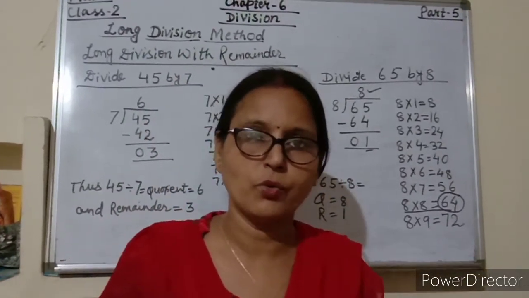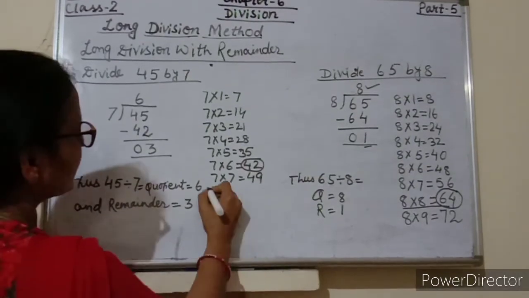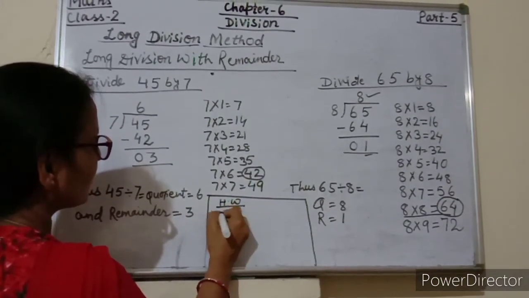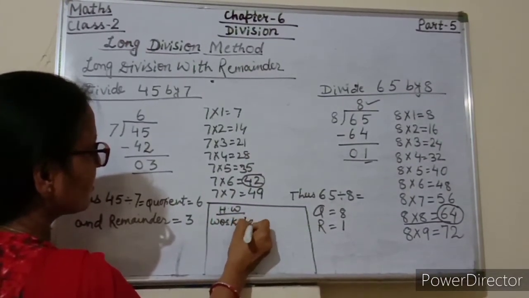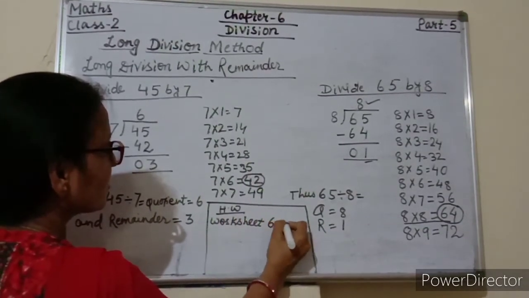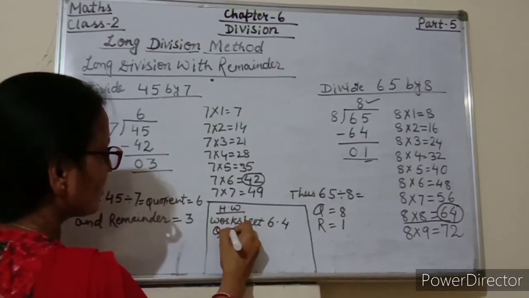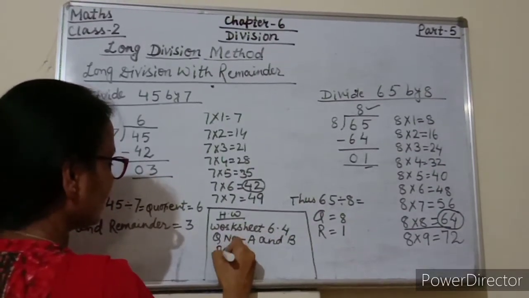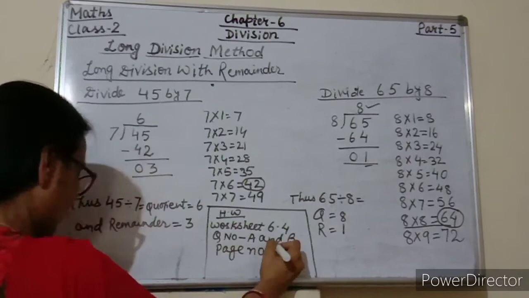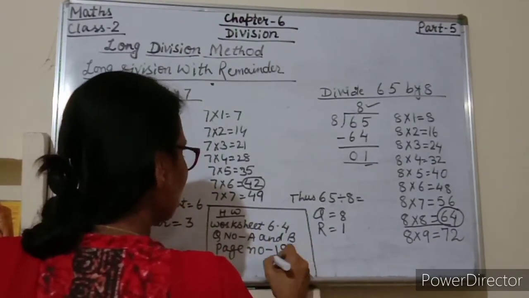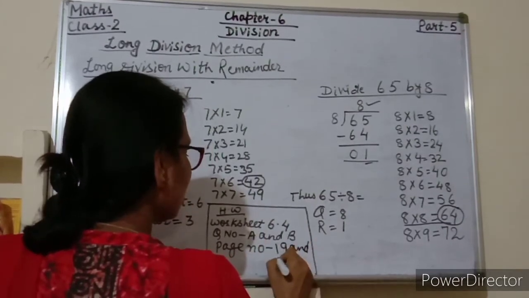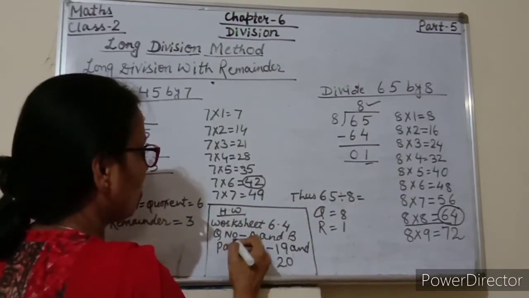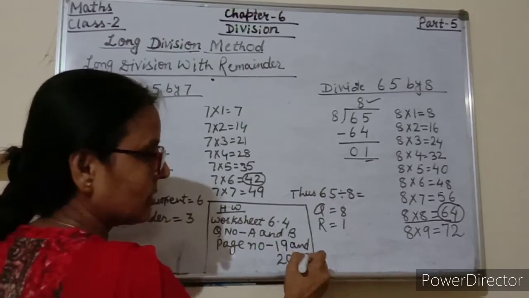Now students, note down your homework. So your homework is worksheet 6.4, question number A and B, page number 19 and 20.